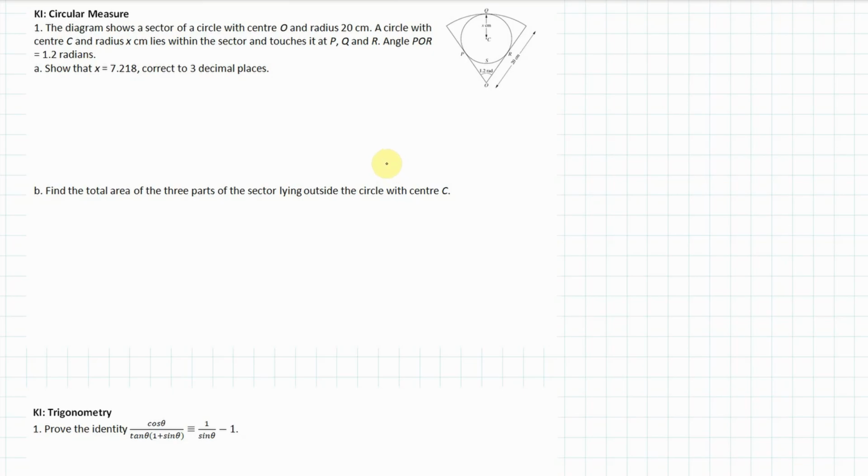Okay, so probably what I would do is split this right down the middle here, and I would find out, maybe I could use OC.